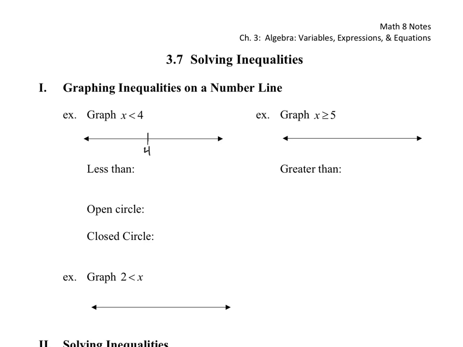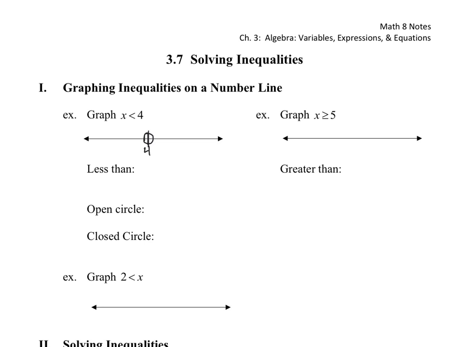Yeah, it's the same thing. Can x be 4? If x is smaller than 4, can it be 4? No. So when it can't be something, you put an open circle there. It does not include that number. You just do an open circle.